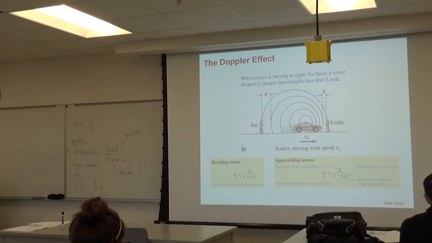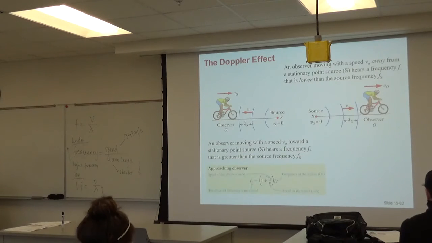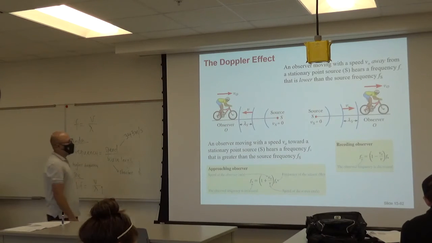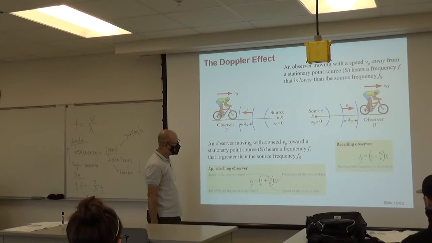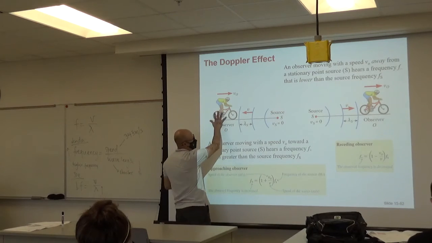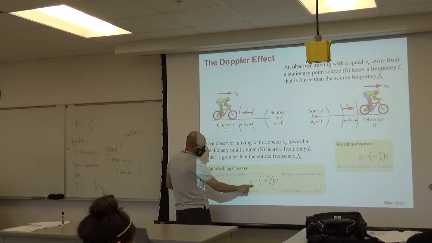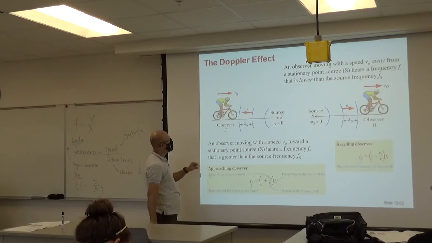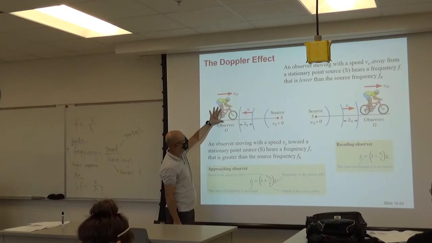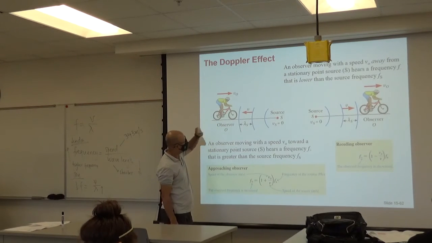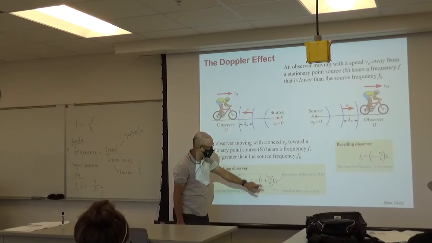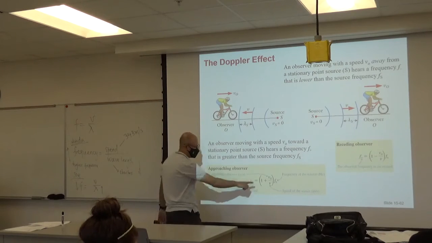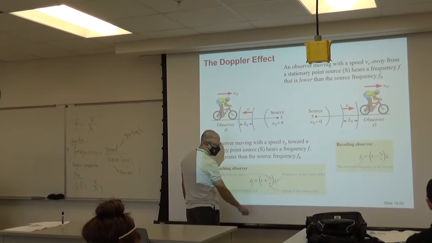Now in the second case, we have this one, when the observer is moving and the source is at rest. So when the observer is moving towards the source, this one gives you the frequency of the sound perceived by this person that is moving at the speed of the observer, and that's the speed of sound.